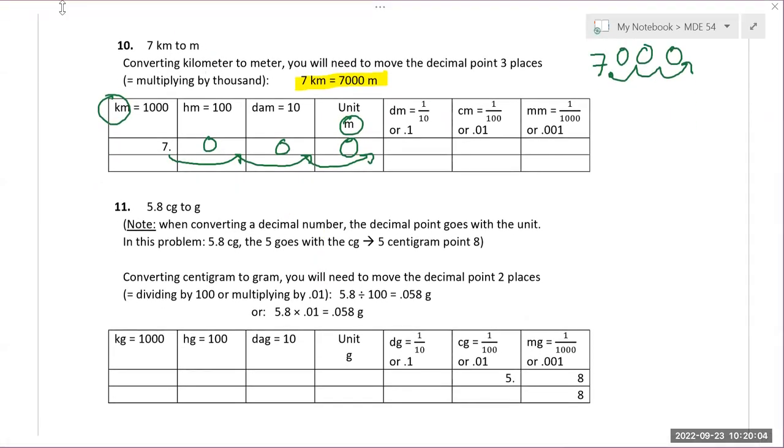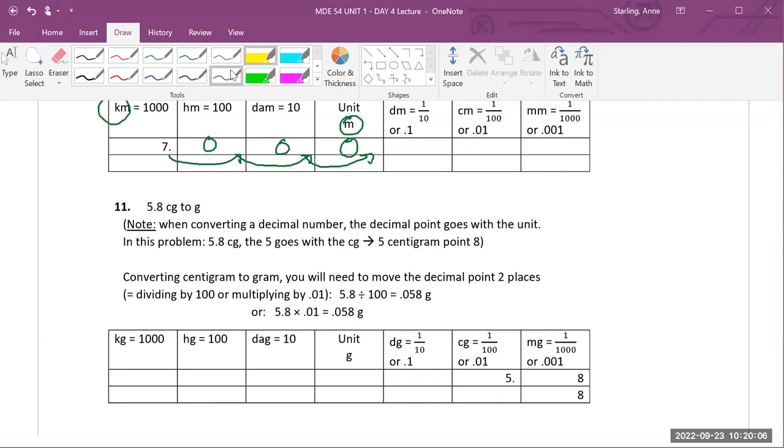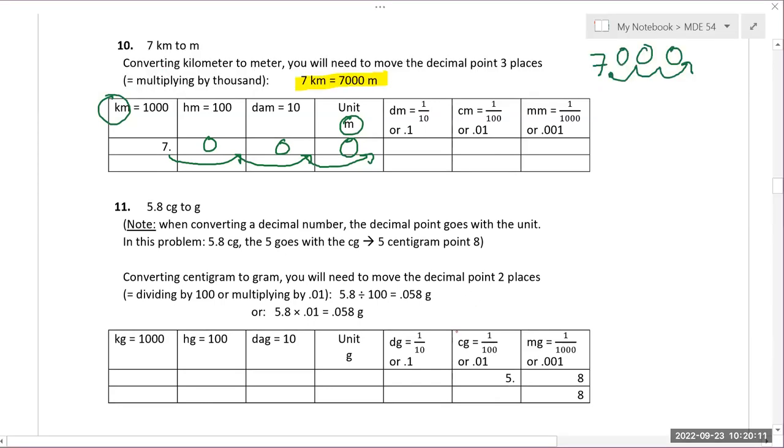Then the next one, we are going to convert centigrams to grams. So I'm going from here to here. So I have 5.8 centigrams, and I'm going 1, 2.